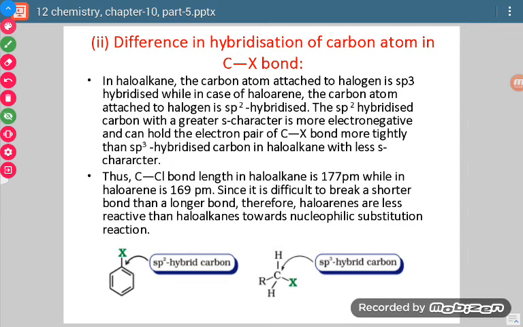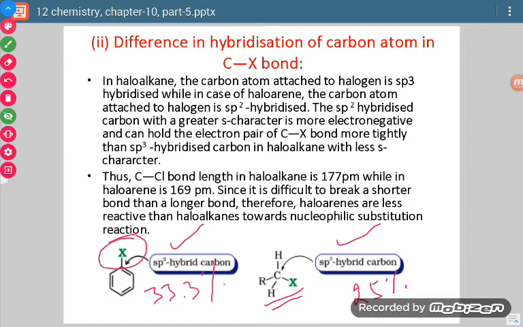Now the second point is, when we look at the type of hybridization occurring in the carbon of the C-X bond in case of haloalkane and in case of haloarene, we find that in haloarenes the carbon which is bonded to the halo group is sp2 hybridized, and the carbon in haloalkanes is sp3 hybridized. So it means there is 33.3% s character in case of haloarene, and in case of haloalkane there is 25% s character.